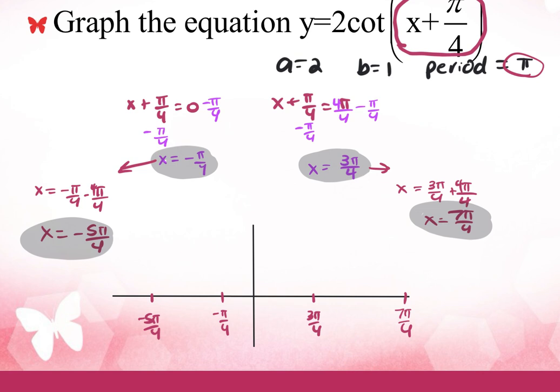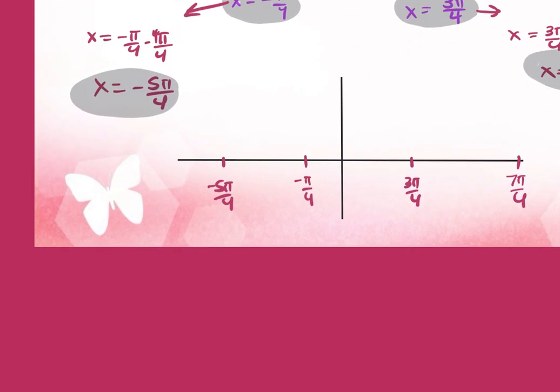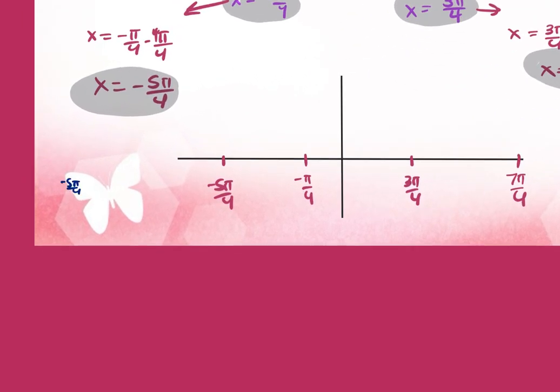I'd have to add them, divide by 2, or find the point halfway between negative 5/4 and negative 1/4. But if I add them, negative 5 pi over 4 plus negative pi over 4 over 2, I get negative 6 pi over 4 over 2. Negative 3 pi over 2, which is negative 3 pi over 4. That one was not fun. But just do that. Add, divide by 2.